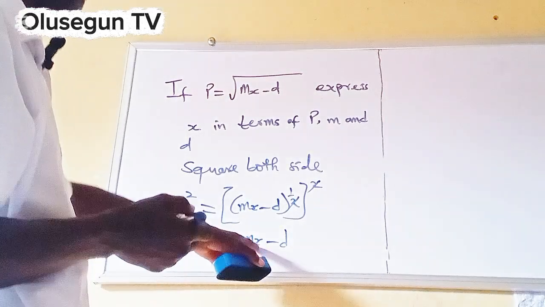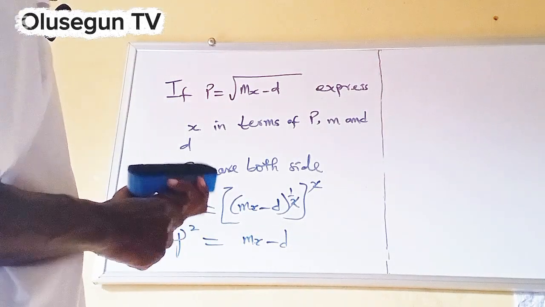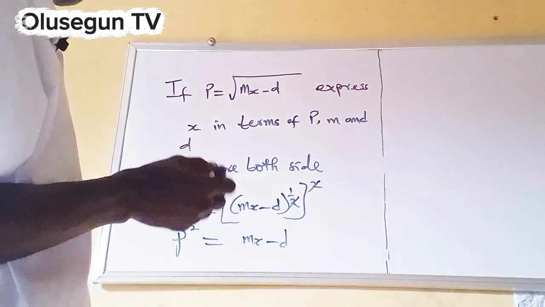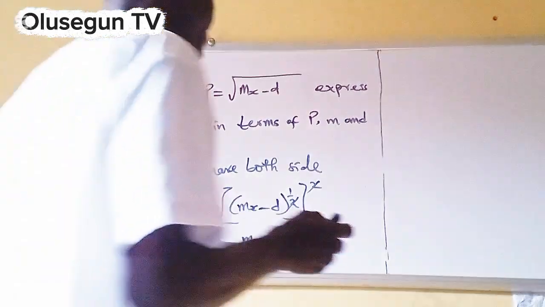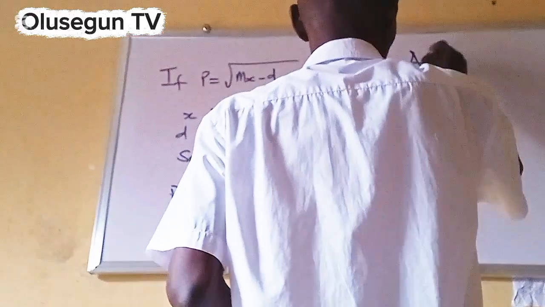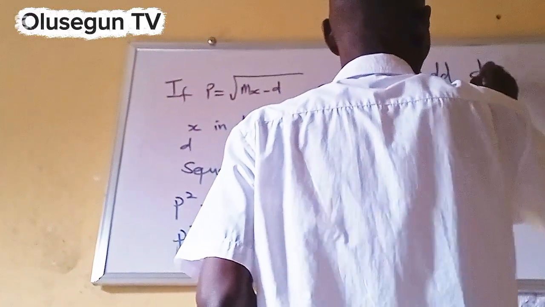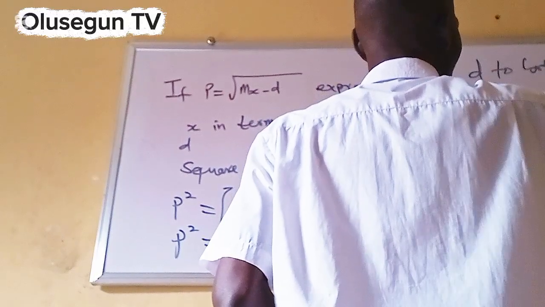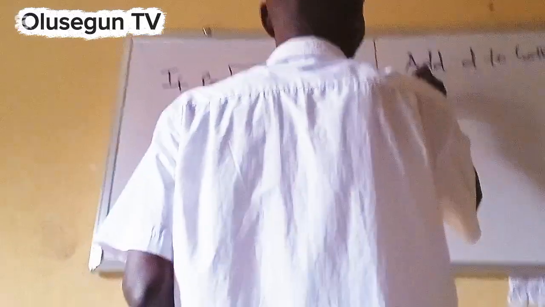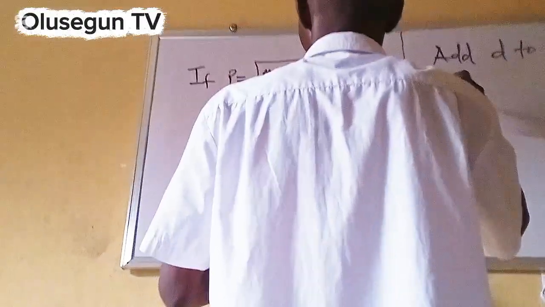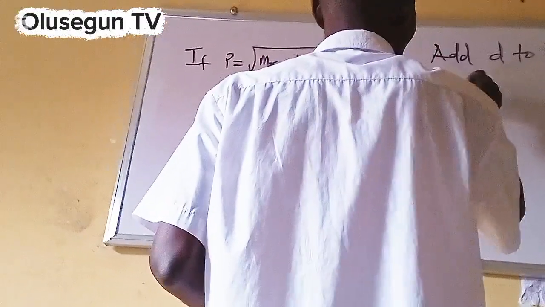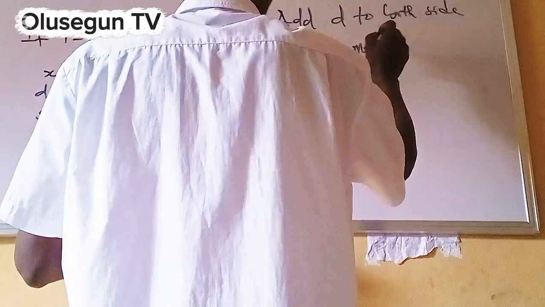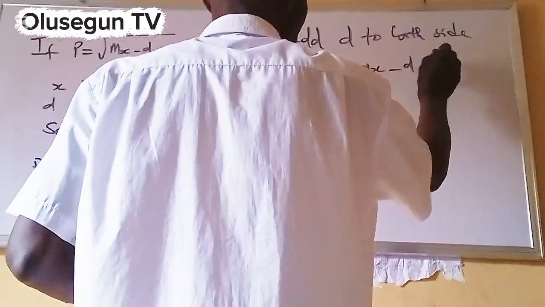So in order to find this one, you need to add d to both sides. That will be p square plus d is equals to mx minus d plus d.